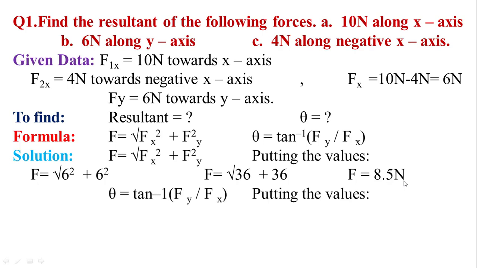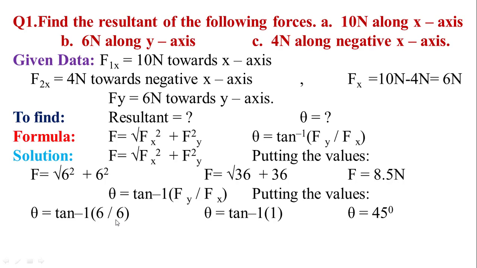Now we find the direction, so we use theta. Theta is equal to tan inverse of Fy upon Fx. Putting the values of Fy upon Fx, theta is equal to tan inverse of 6 upon 6. 6 divided by 6, both cancel out.